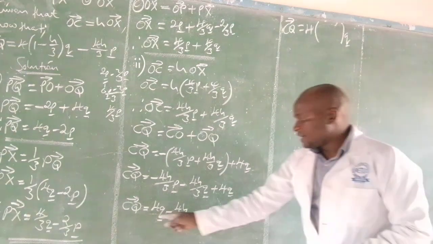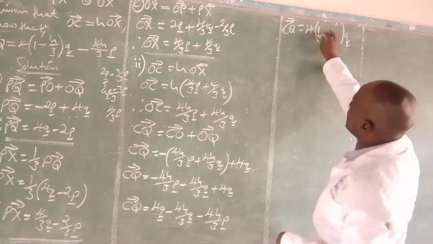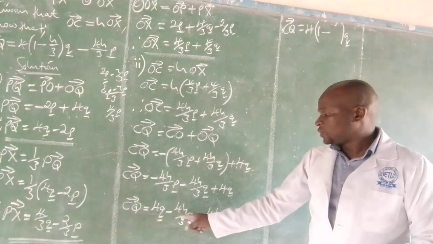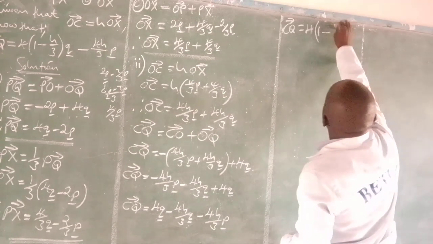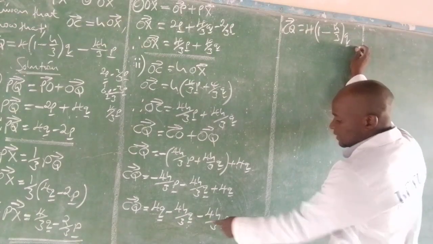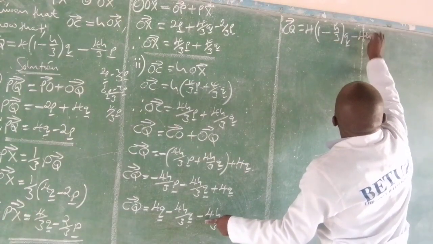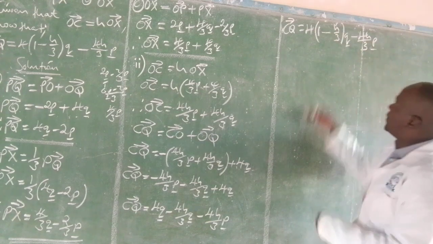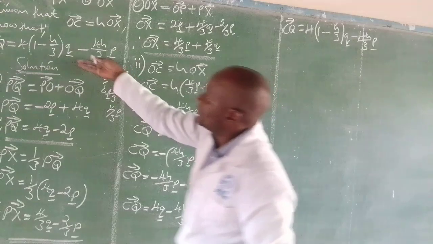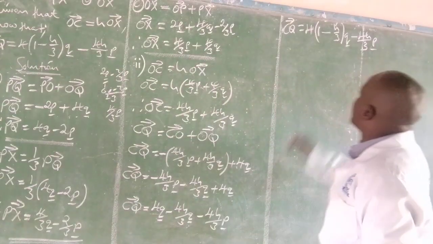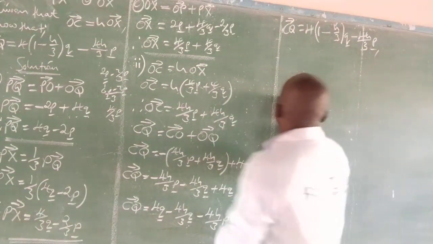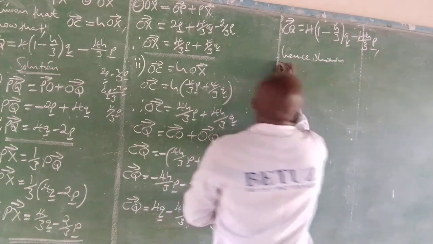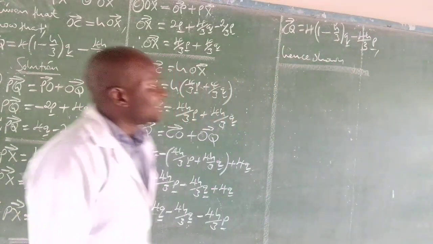We divide 4Q into 4Q to get 1, minus 4Q into this part, we're going to remain with h over 3. So this will be h over 3. Then we will subtract 4h over 3 vector P. When you compare this and this, they are exactly the same. Therefore, this has been shown. This is our solution for the last question.